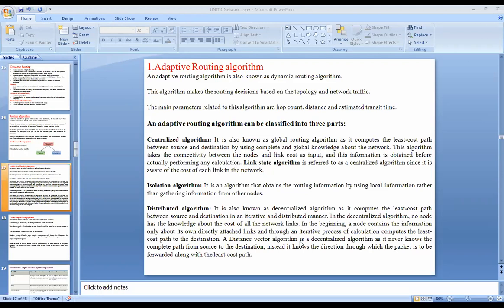In a distributed manner means, at the initial stage, the HOD distributes a particular load to the individual faculties. This faculty is going to handle this subject, and that subject is handled by that particular faculty.